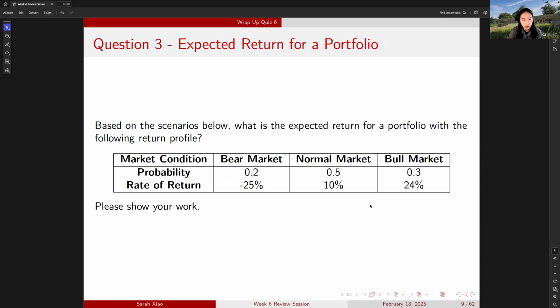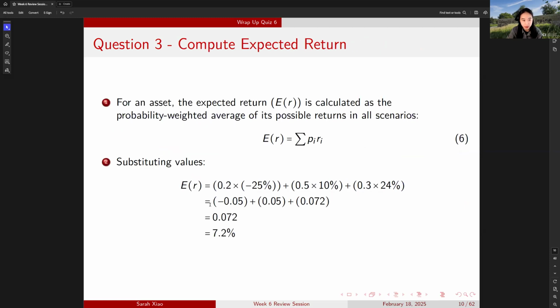All right, moving to the third question. The question is about the expected return for the portfolio. So firstly, we need to calculate the expected return.